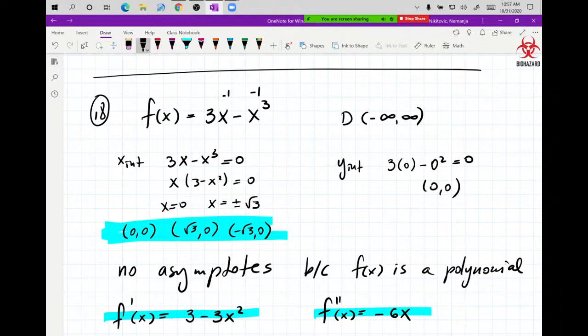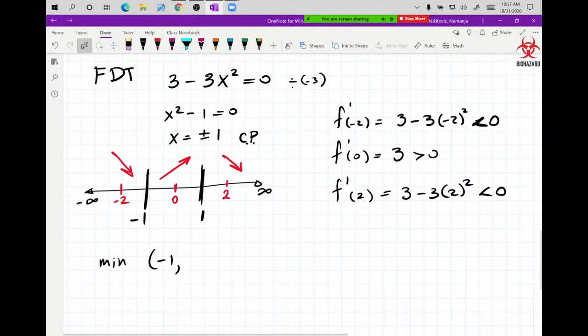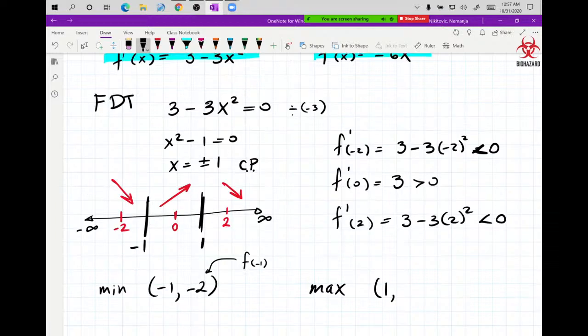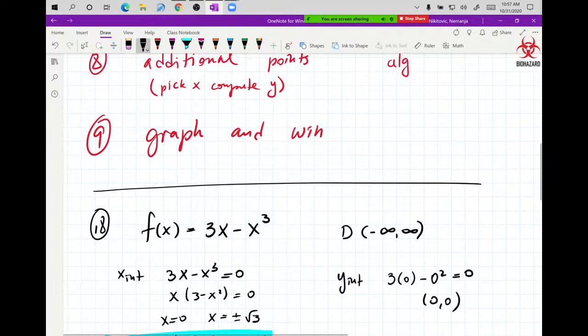And that's going to be -3 plus 1, -2. -2, I hope. So this value was f at -1. And then we also have a max, which is at 1, comma. And when you plug in 1 over here, you get 3 minus 1, which is 2.